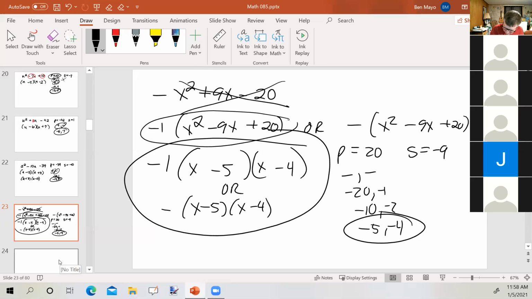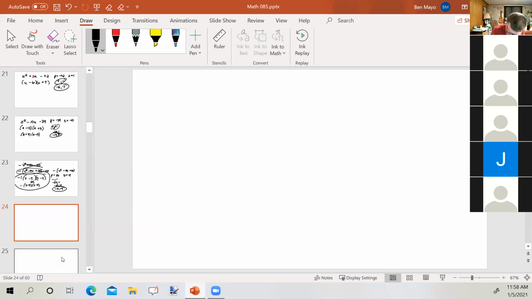All righty. Let's take a look at another example. a squared plus 6ab plus 5b squared. This, believe it or not, is in standard form in terms of the variable a. We've got a squared, a, no a at all.